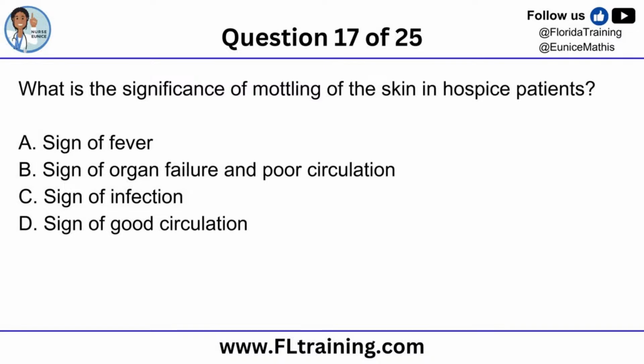What is the significance of mottling of the skin in hospice care? A, sign of fever. B, sign of organ failure or poor circulation. C, sign of infection. D, sign of good circulation. Drop your answers in the chat.